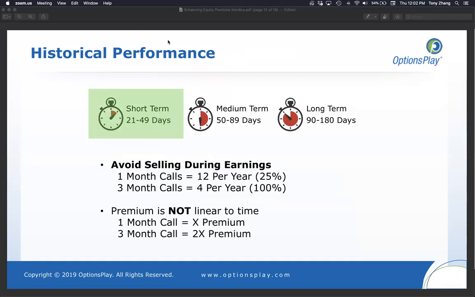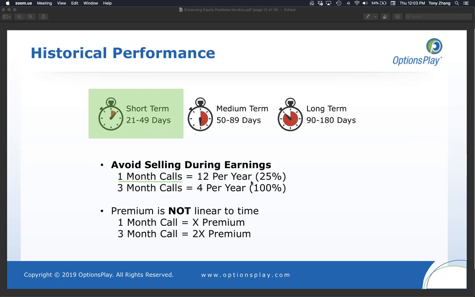And there's two primary reasons as to why the short-term option pays you more income in the long run. Number one, when you sell short-dated options, you can avoid the earning cycles fairly well, because if you sell 1 month options, you can do that 12 times per year. And we know that there's 4 earnings announcements each year, which means that only 25% of the calls that you sell or puts that you sell have earnings built into it.